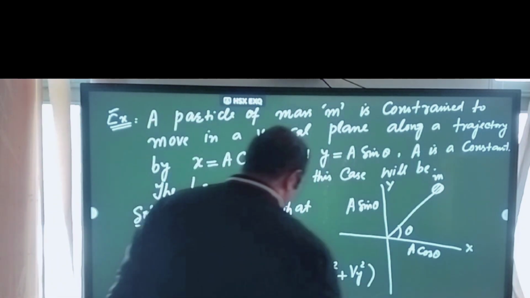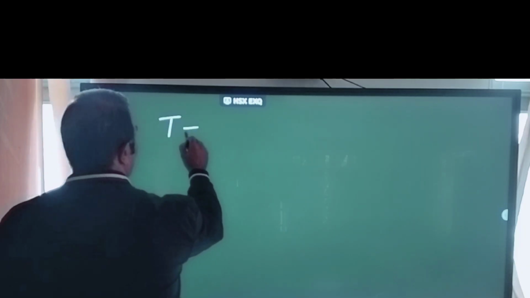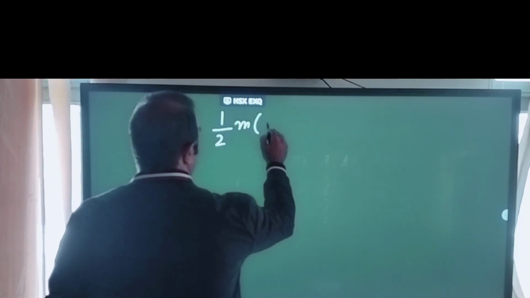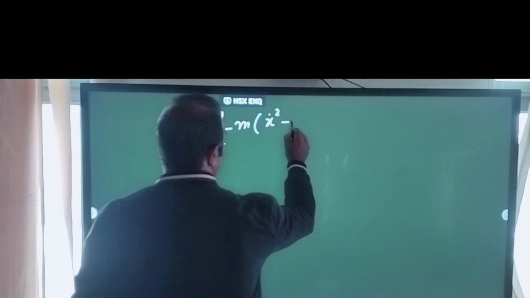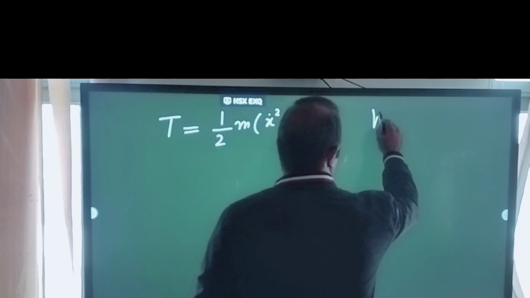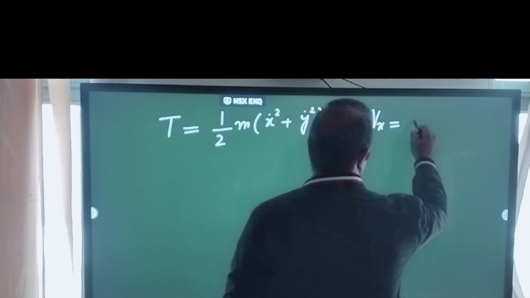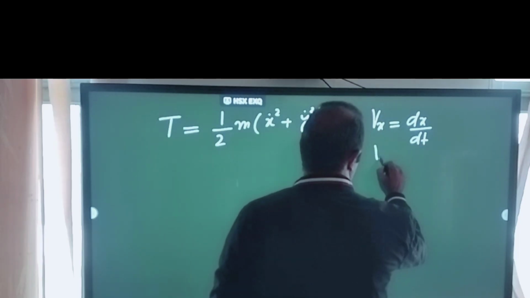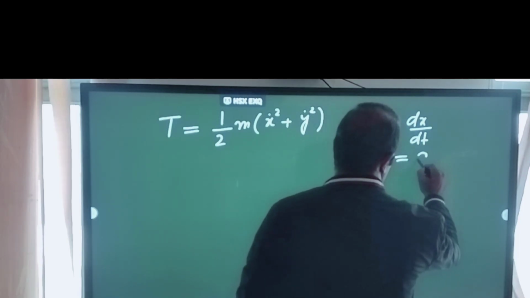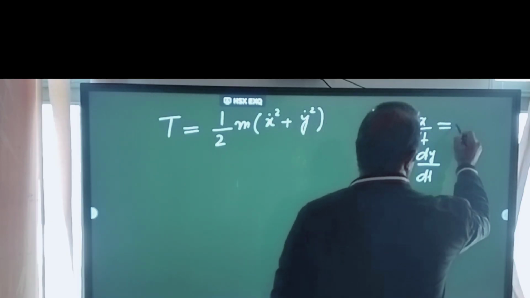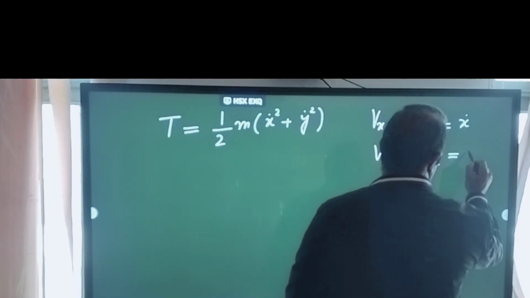So our kinetic energy here will be equal to 1 by 2 m (x dot square plus y dot square), because vx is equal to dx by dt, which is our x dot, and vy is equal to dy by dt, which is our y dot.